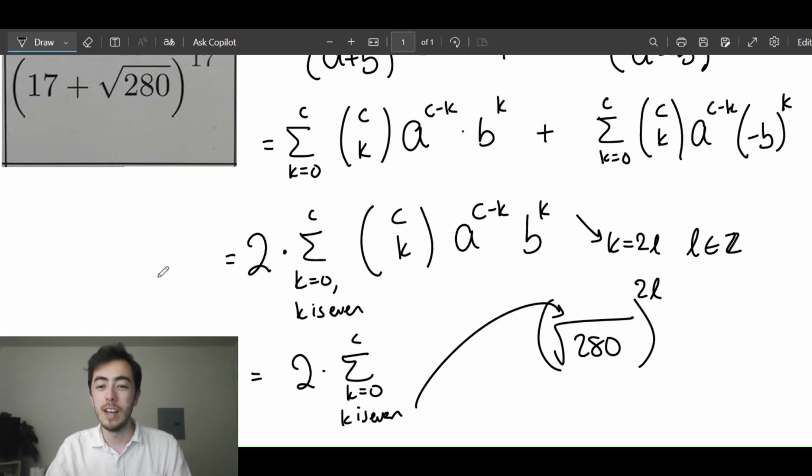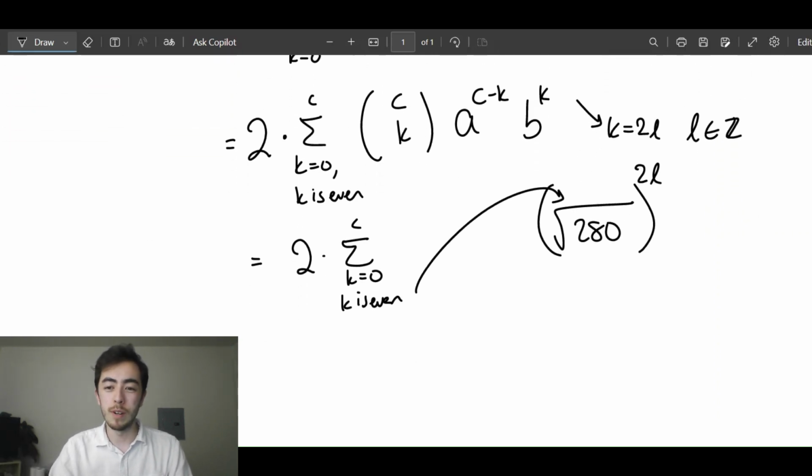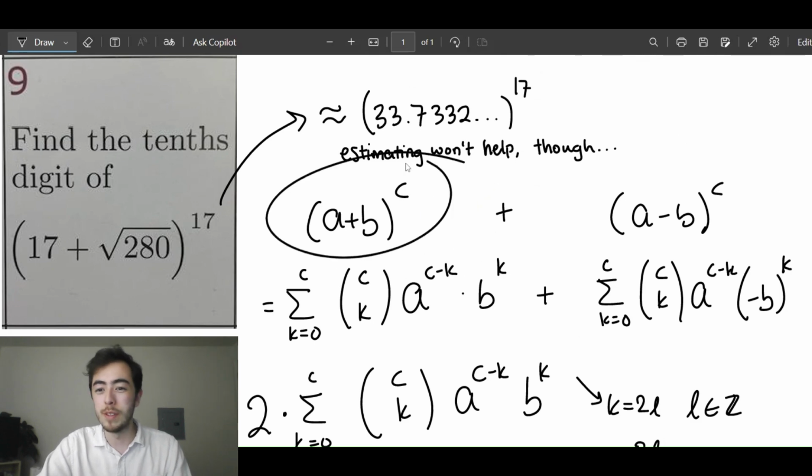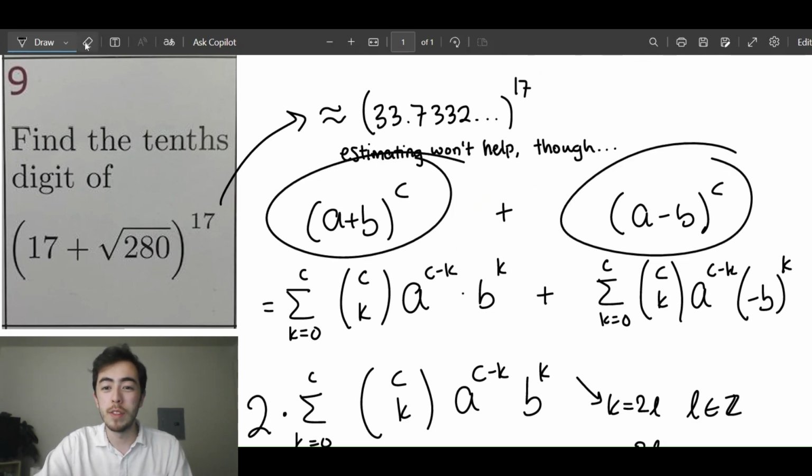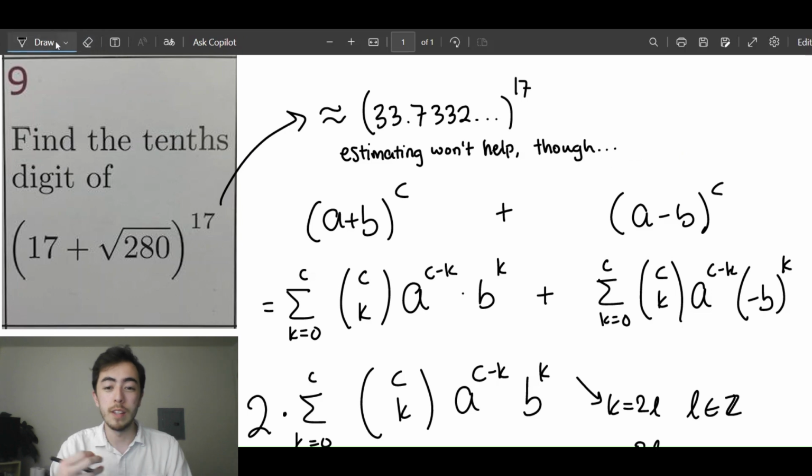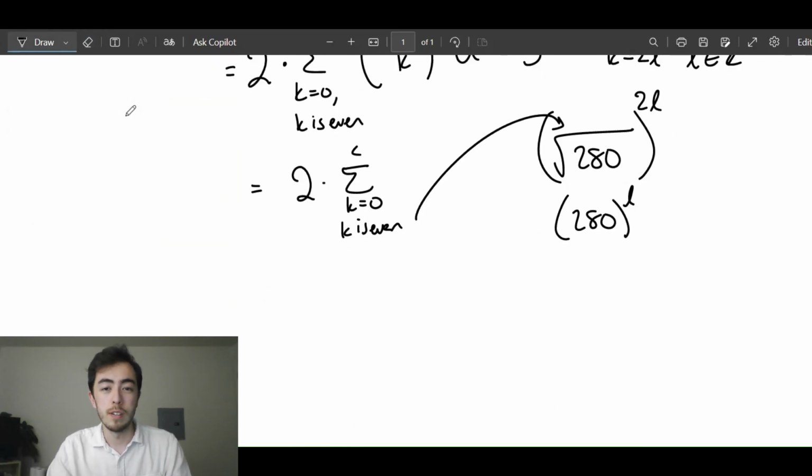on the right side, and therefore this number is going to just be 280 to the power of some other integer. And so we're back into this case where once we do this positive binomial theorem, this negative binomial theorem, and then add up all the terms together, we're going to get an integer.